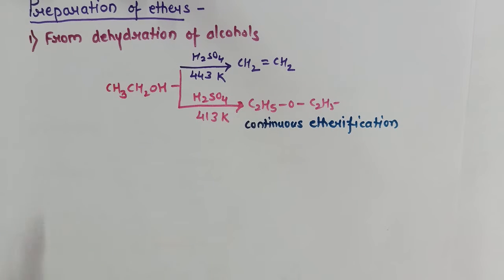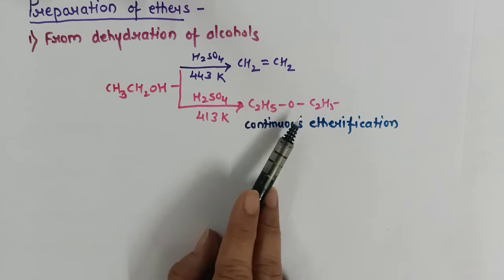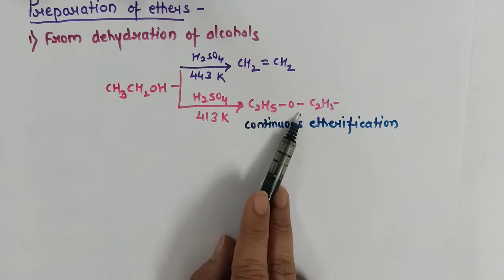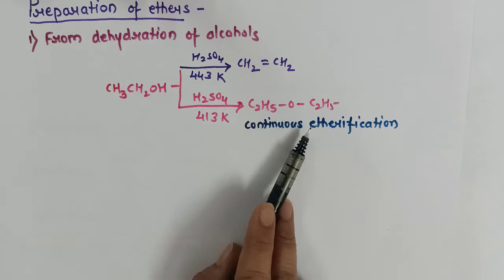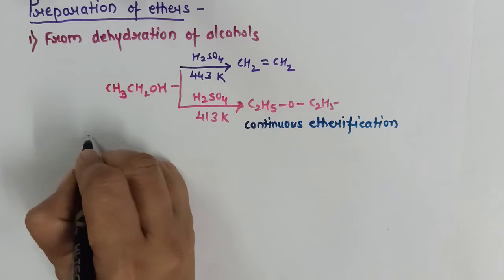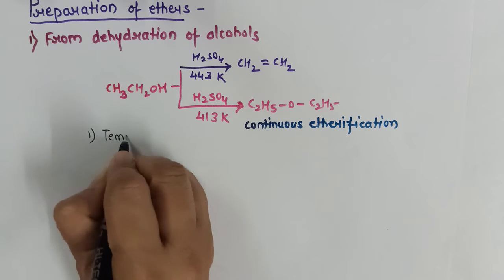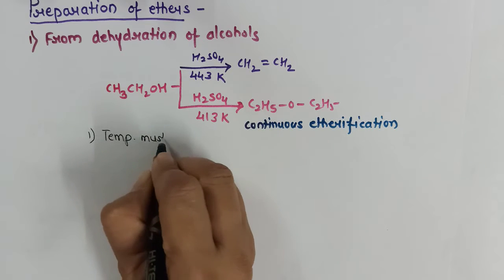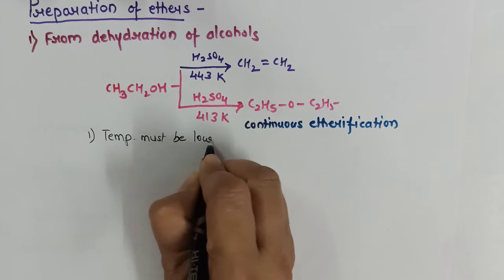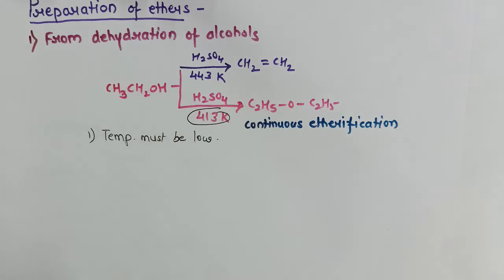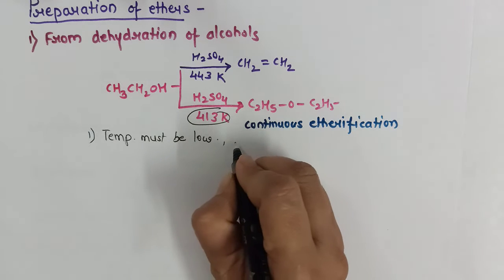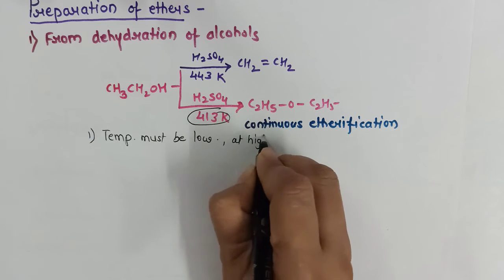Now there are certain conditions when we are preparing ether from alcohol. We have discussed this reaction, we have discussed this mechanism. But the first condition: the temperature must be low. The temperature must be 413 Kelvin itself. Otherwise, what happens at higher temperature?